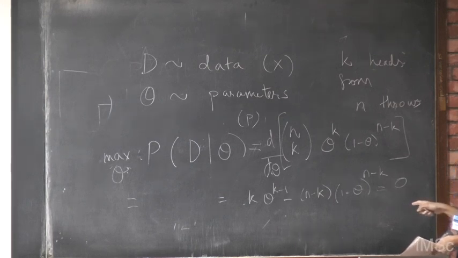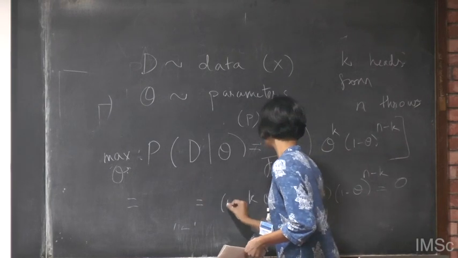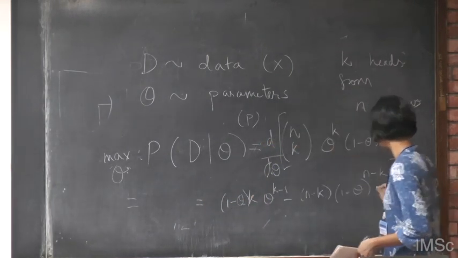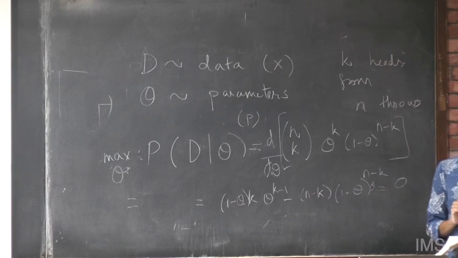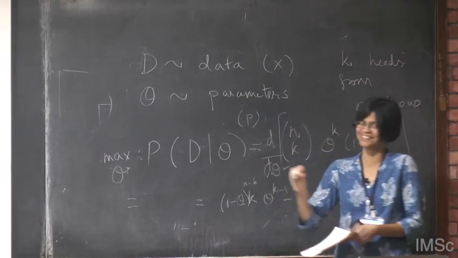Something is wrong? Correct. So I have 1 minus theta here and I have a theta here. K minus K. Thank you.